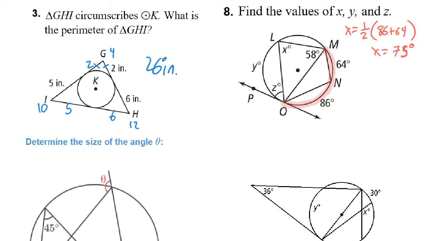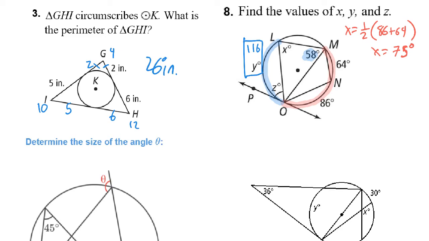Also, right away, even without that, I could have got that this arc is double this angle. So this arc is 116. And then I could get that other arc if I needed it, which I don't actually, so I could just be done. So y is 116.